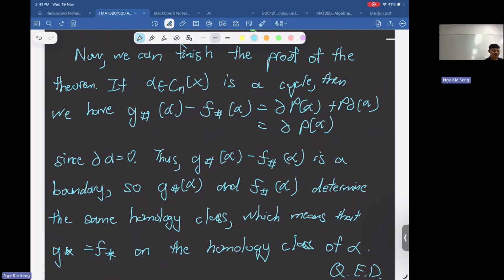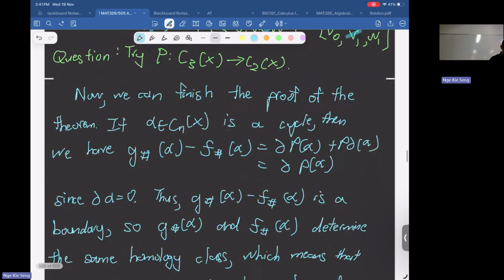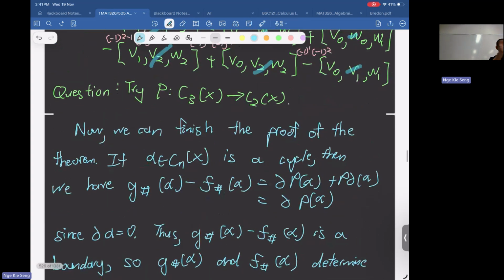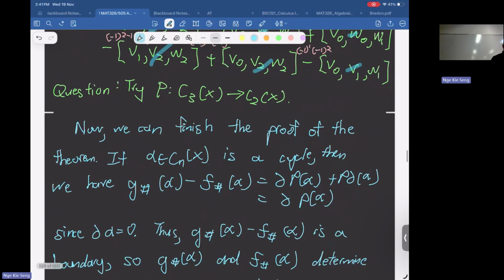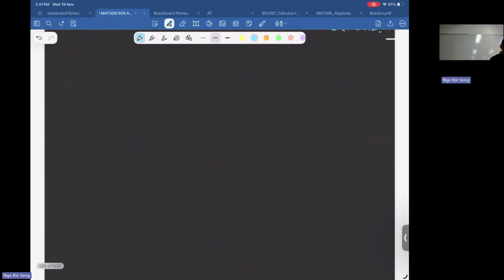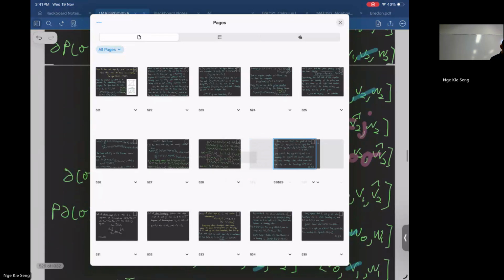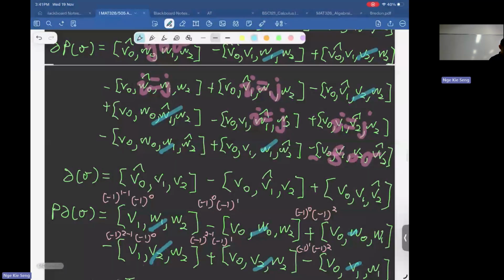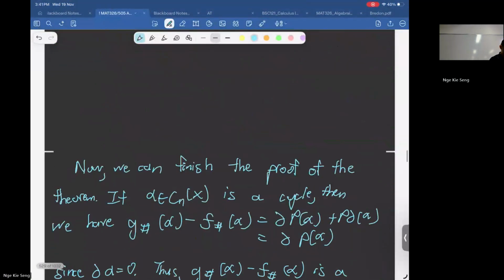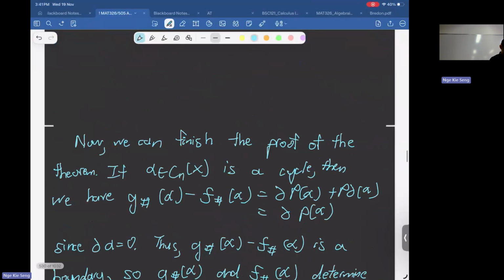Okay, so let's just use that identity. After this sign hazard, we have this identity here. So maybe the identity is this part here.